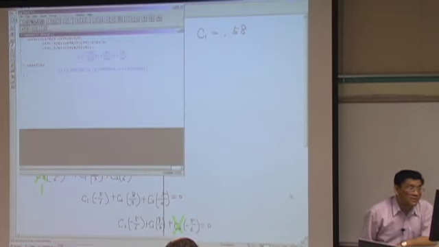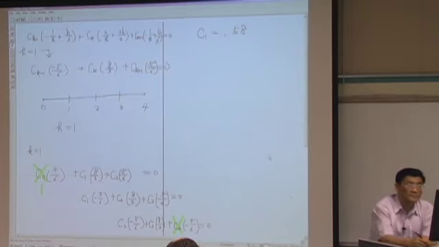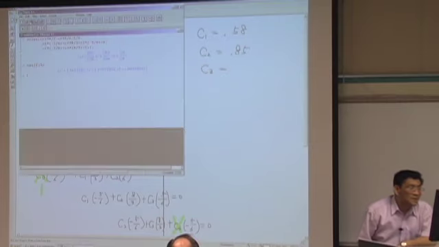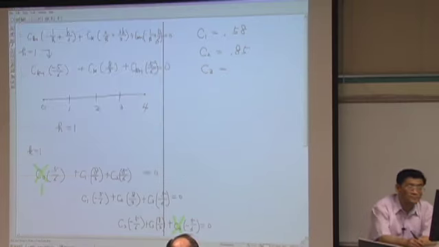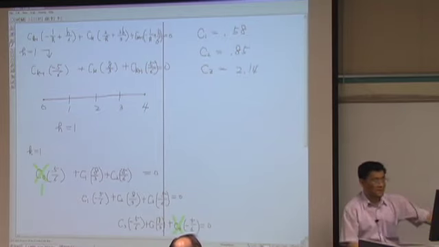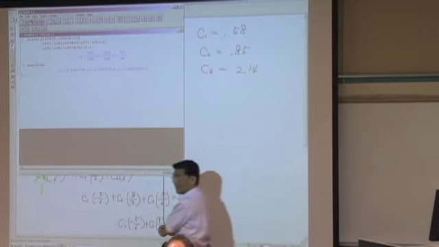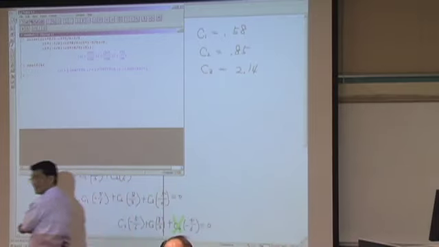And then C2 is 0.85. C3 is 2.14. So do you follow me? I solved the problem using finite element method. Yes?